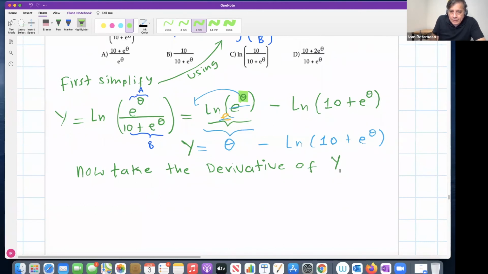Now it's time to take the derivative. So y prime will be equal to what? The derivative of theta is just 1, minus the derivative of this.